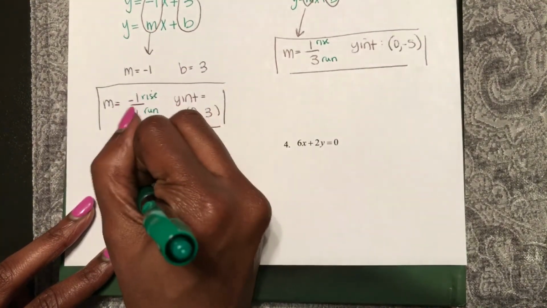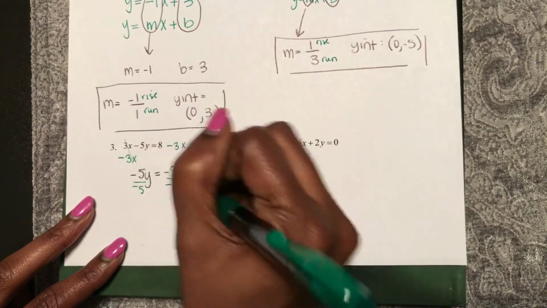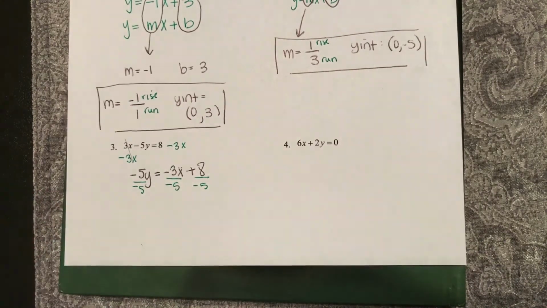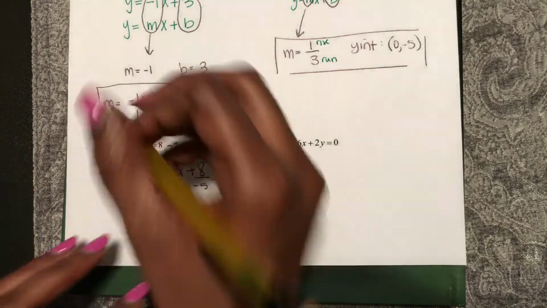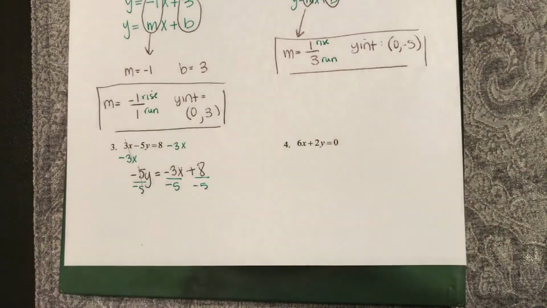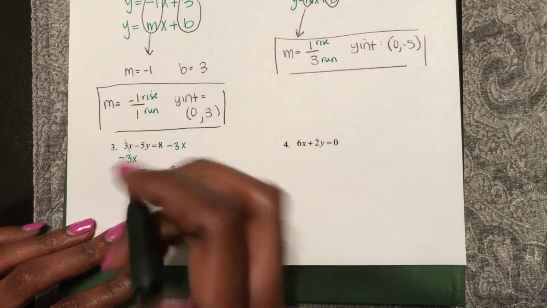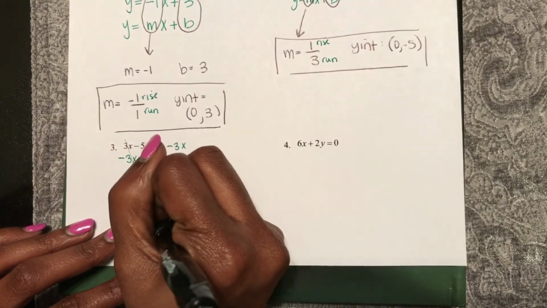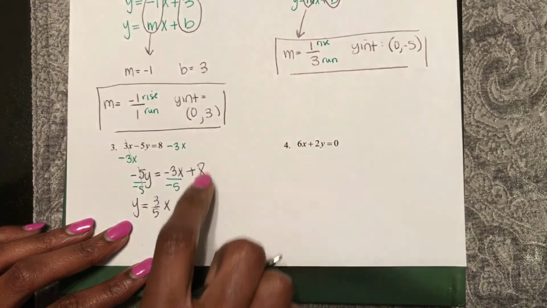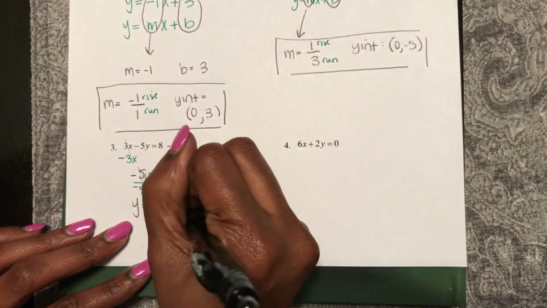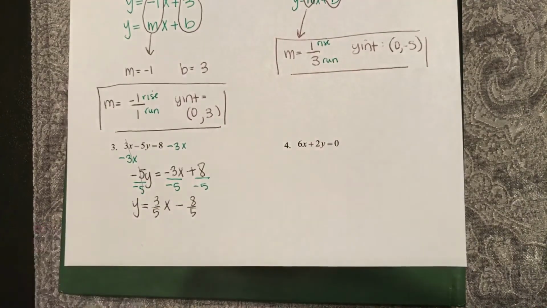I will divide by negative 5, but I need to divide every term by negative 5. These cancel. So now I have y equals a negative over a negative is a positive 3/5 x, and a positive over a negative is a negative 8/5.